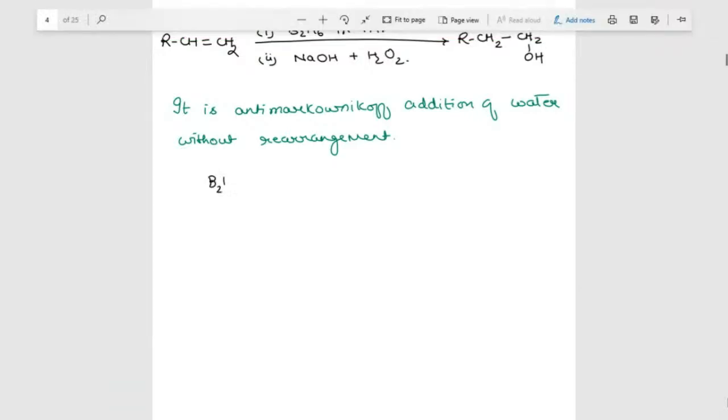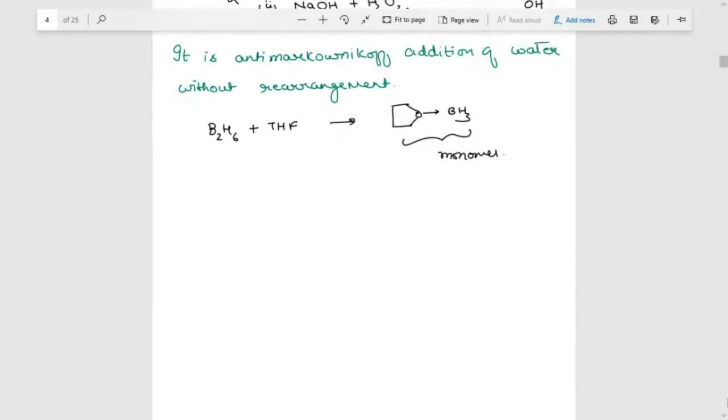So when B2H6 is dissolved in THF, tetrahydrofuran, the oxygen of tetrahydrofuran coordinates to BH3. As a result, B2H6 exists as a monomer. That is why we prefer THF.